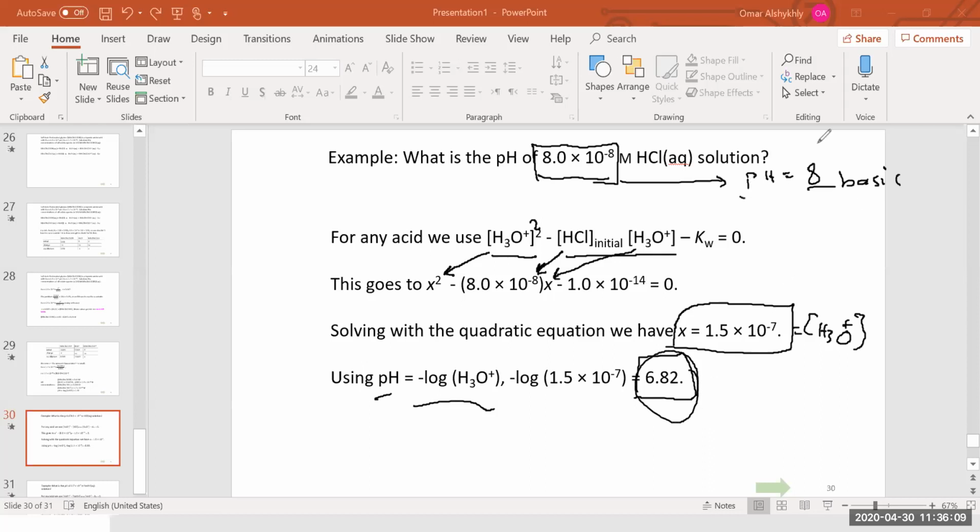Now pH around 8. This is still acidic because it's less than 7. So be careful, guys, when we have diluted solution. Diluted solution, you will use this formula.